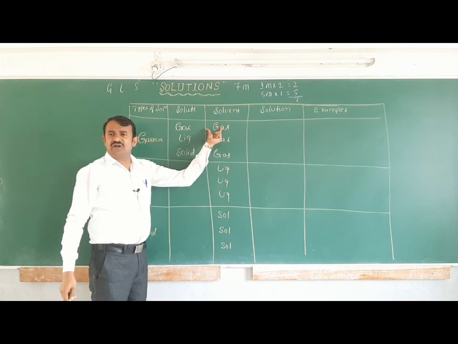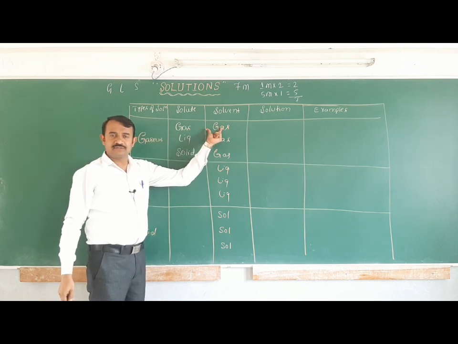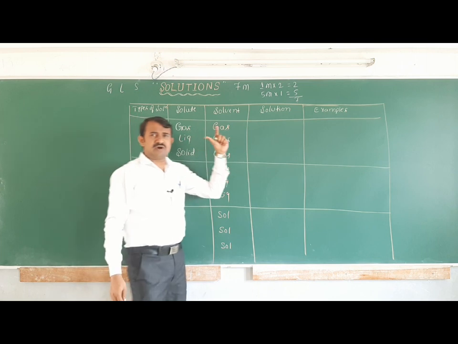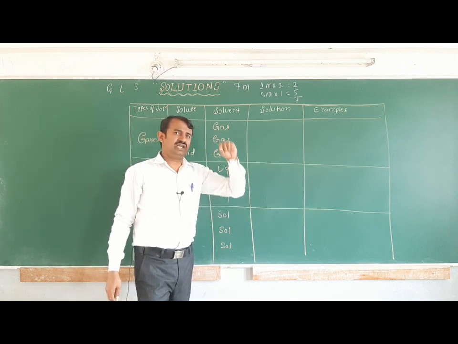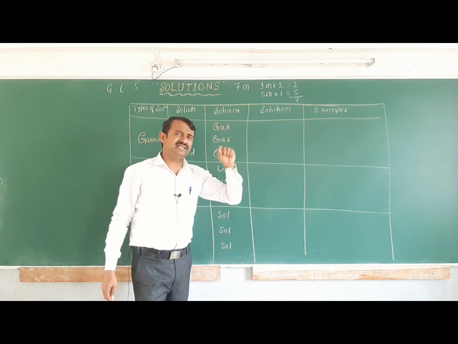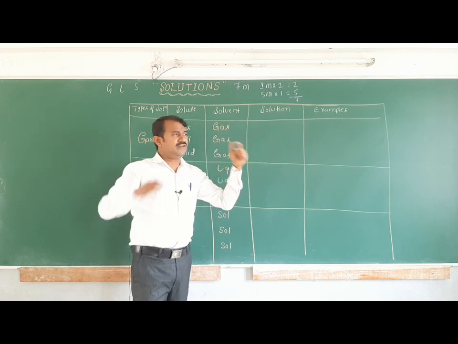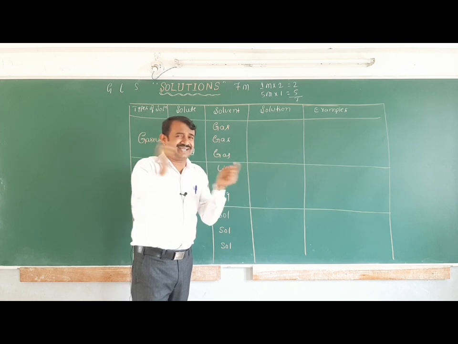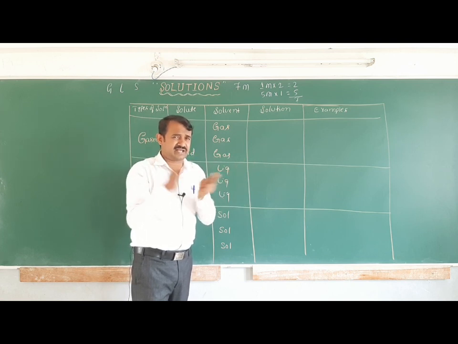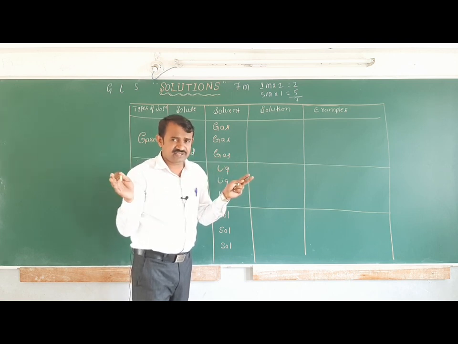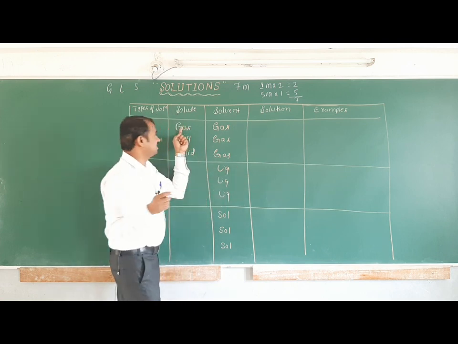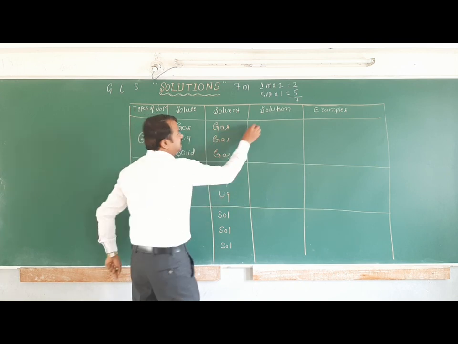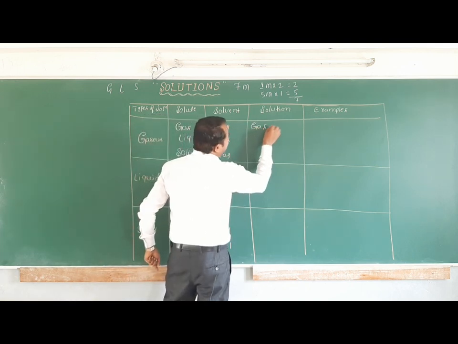Gas is dissolved in gas. You can observe in the atmosphere the nitrogen concentration is less, oxygen level is more, carbon dioxide is less. If it is homogeneous, we cannot segregate it. It has nitrogen gas, carbon dioxide gas, and we cannot segregate them. If all the gases are homogeneously distributed, that is gas dissolved in gas.